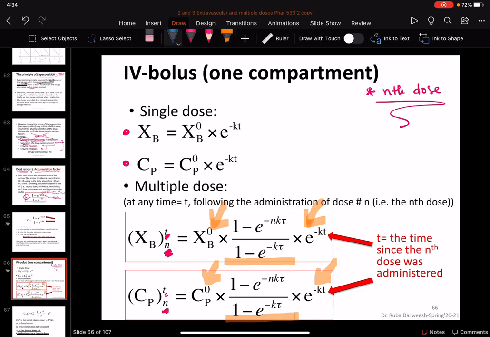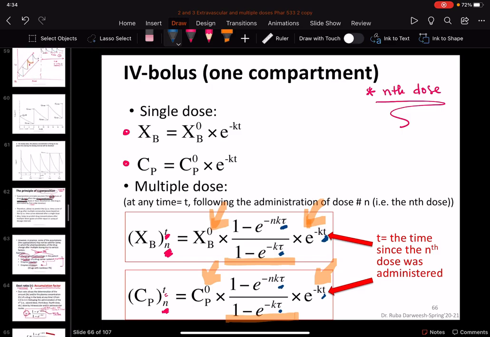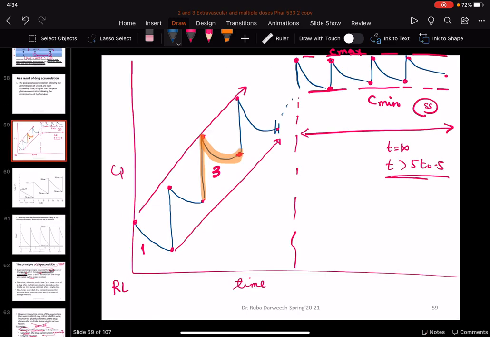And I keep alerting you all the time to not confuse yourself with tau and T in the equation. If we remember, tau is the dosing interval, right?